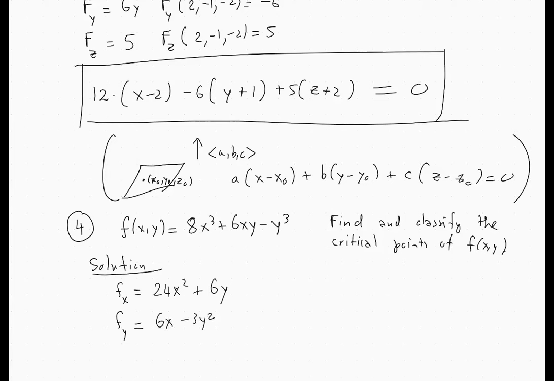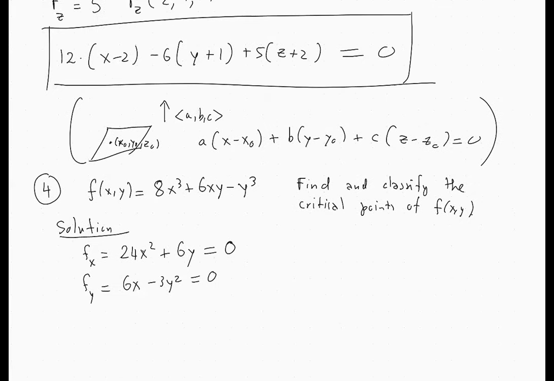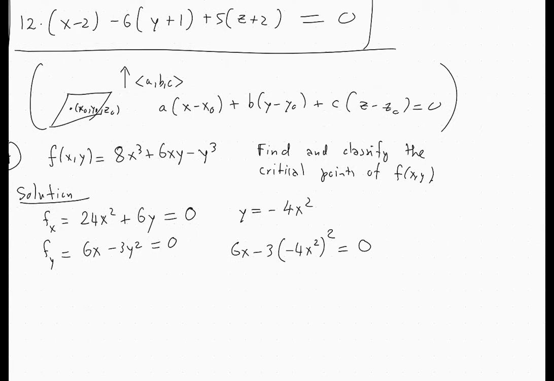Let's start with the first one. If you divide through by 6, you get y is equal to negative 4x squared, right? Once you know that, you plug it into the second equation, and that will give you 6x minus 3 times negative 4x squared is equal to 0, which will give you 6x minus 48x to the fourth is equal to 0.